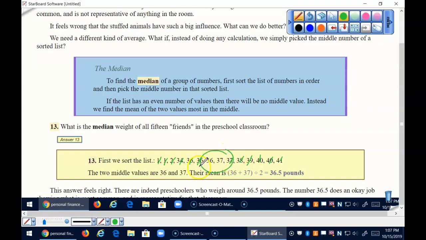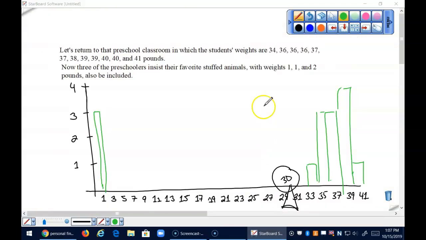And then average those, take the mean of that, add them together, divide by 2, we get 36.5. Now if we go back to our histogram, we're at 36.5, which on mine is right here. So that's actually representative of the kids.